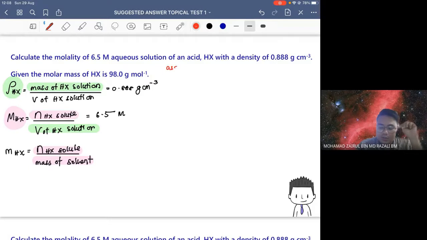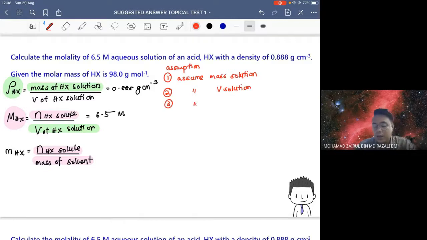Awak boleh either assume mass solution. Yang kedua, awak either boleh assume volume solution. Ataupun yang ketiga, awak boleh assume mass solvent. Itu yang awak boleh assume. Yang lain awak tak boleh.